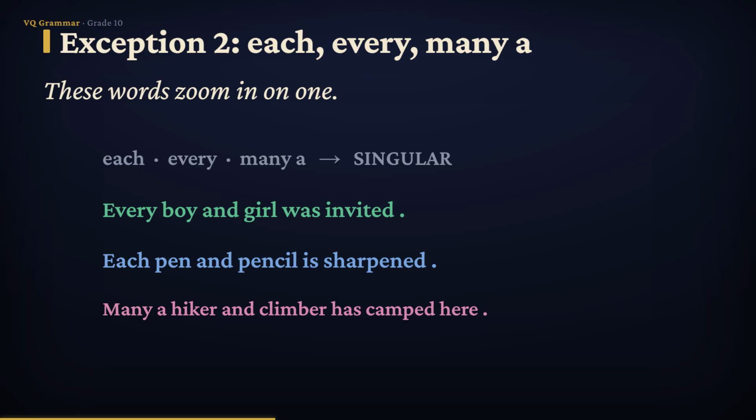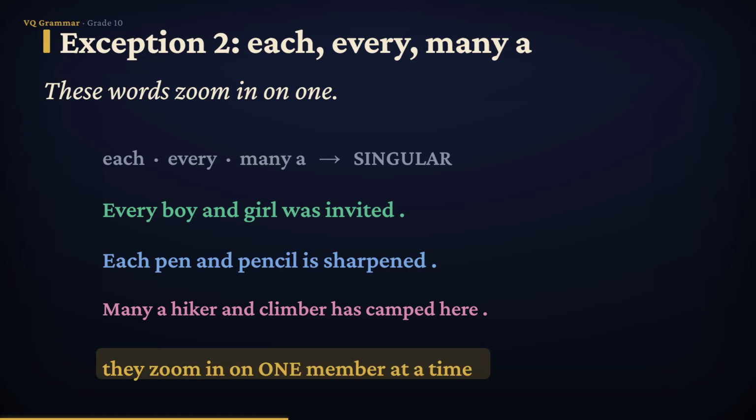Many a hiker and climber has camped on that ridge. Why does that happen? Because "each", "every", and "many a" zoom the camera in on one member at a time. They ask you to picture the people one by one, not as a crowd. So when one of those words is leading the subject, go singular.